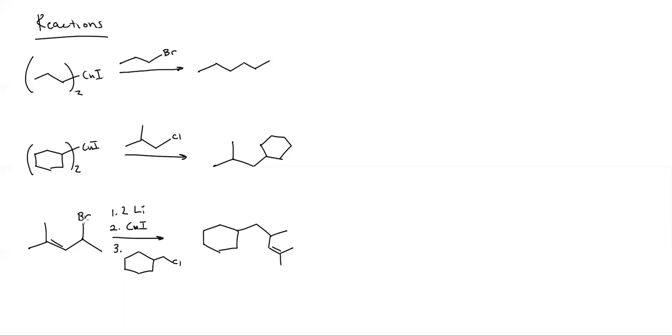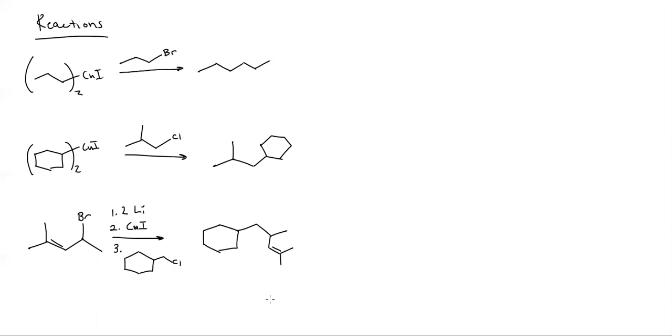So all I did was this bromine turned into a lithium, which then turned into a Gilman reagent with CuI. Then I'm just taking where this bromine was and where this chlorine was and drawing a bond between them basically. So I have 1, 2, 3, 4, 5, 1, 2, 3, 4, 5, and then a methyl group there. All right.